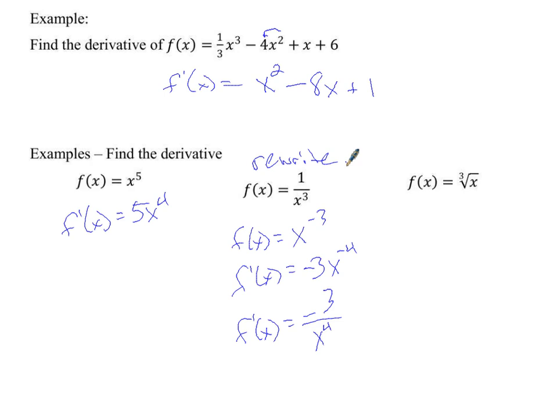We can also rewrite this third problem sitting here. It becomes x to the 1/3 power. Good. And now we can use that same property. So we get f prime of x equals, go slowly, the 1/3 comes down, x to the negative 2/3.